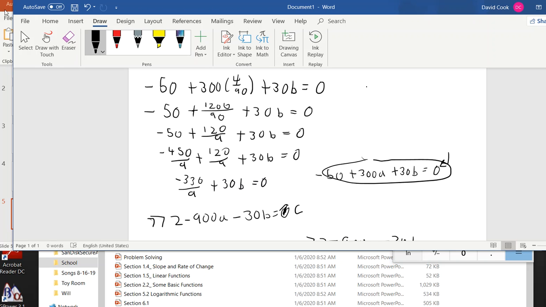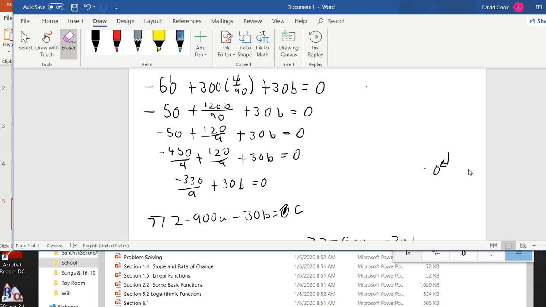I no longer need this equation, so let me erase all this and continue right up here. Negative 330 over 9 equals minus 30b. I just moved the 30b to the right side.